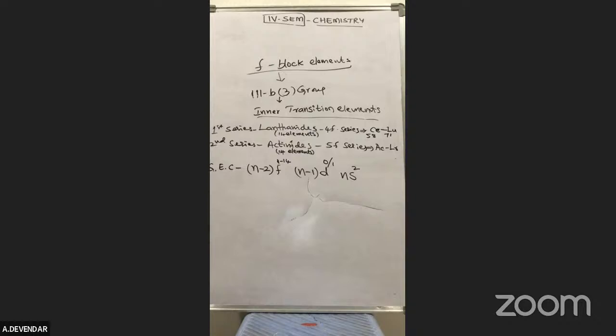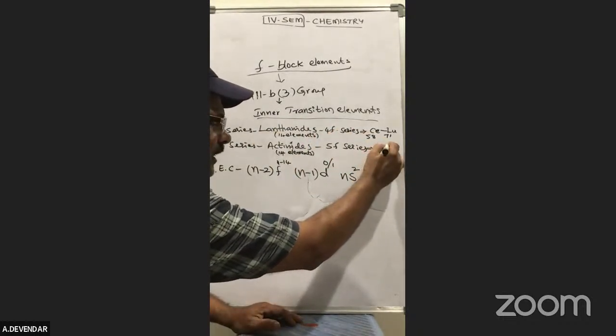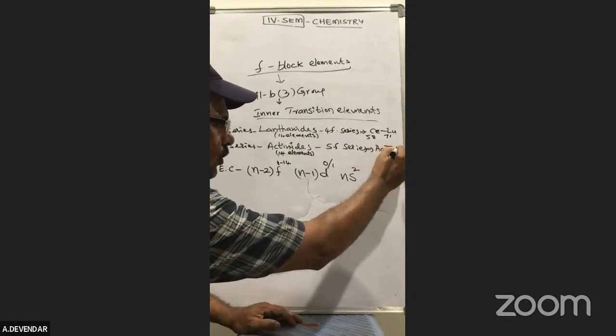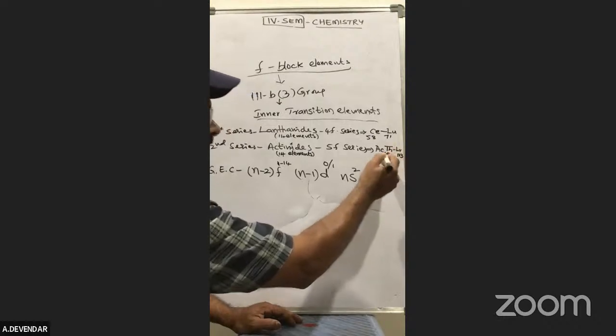So 90 is thorium. After actinium, we have thorium to lawrencium. This is 90. It is 103.